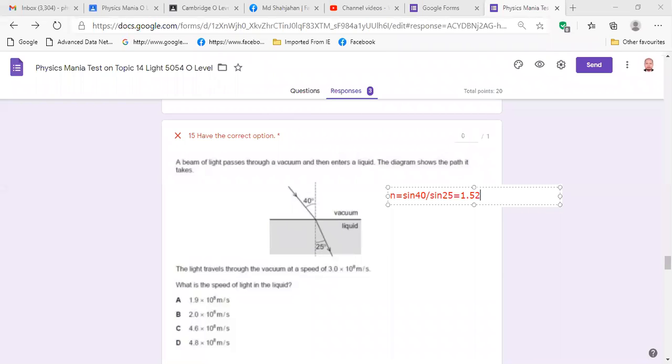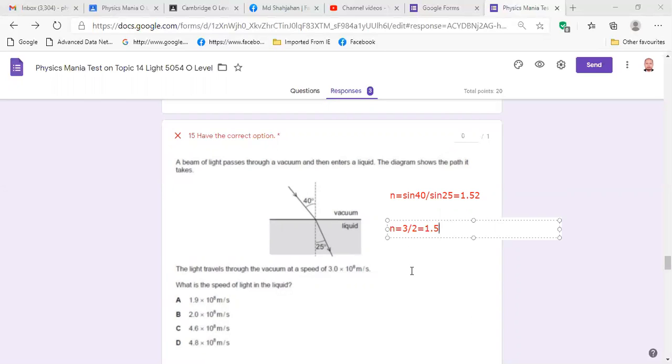So what about the others? Mahi and Farabi, did you understand it? Yes, sir. So we have here the ratio n equals 3 by 2, equals 1.5, which is closer to 1.5.